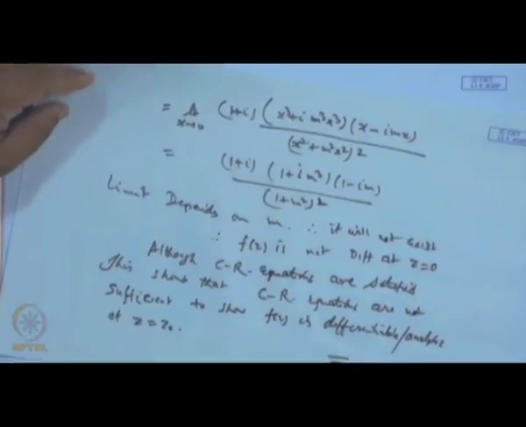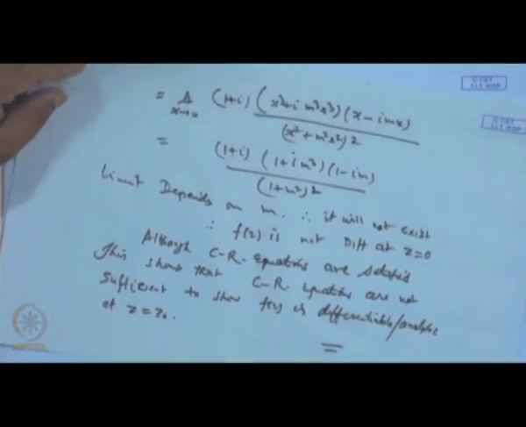Okay. Now, if we look at the converse part of it, converse means the non satisfying of the CR's equations will give the condition.